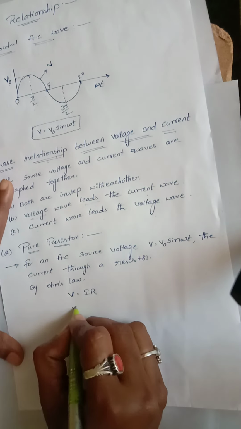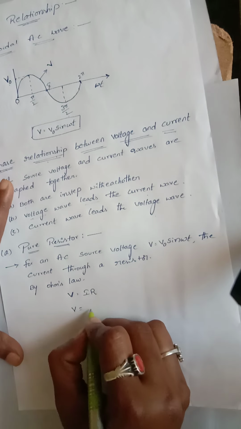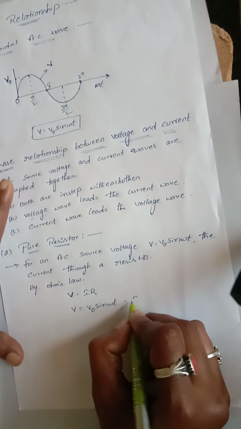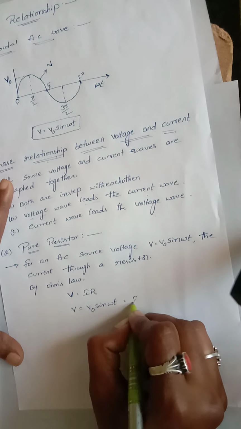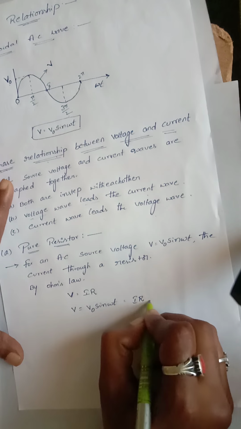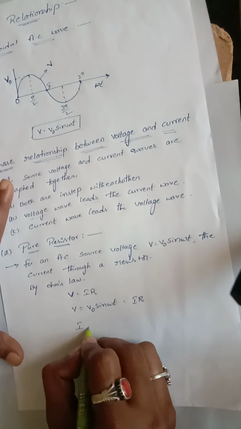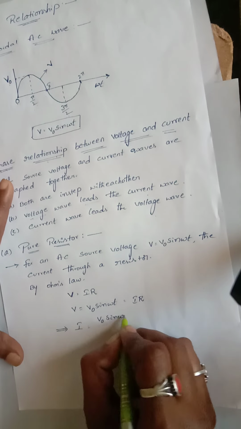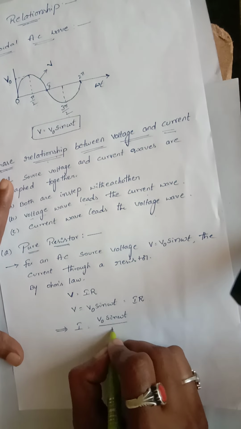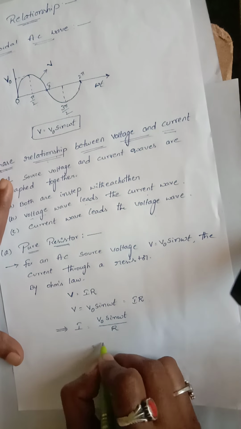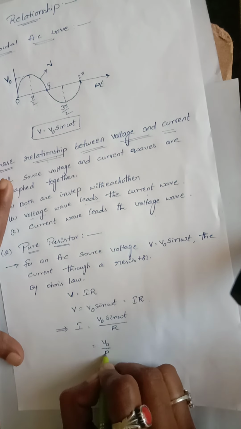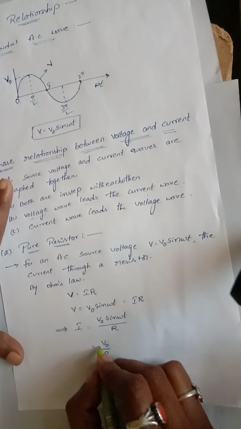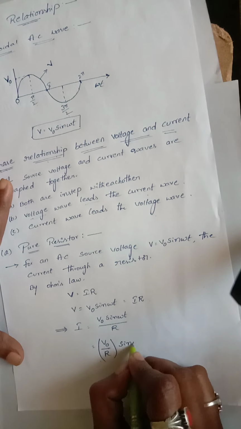So V equals V naught sin omega t equals IR, and I equals V naught sin omega t divided by R, which is V naught by R sin omega t. That means maximum voltage divided by resistance times sin omega t.